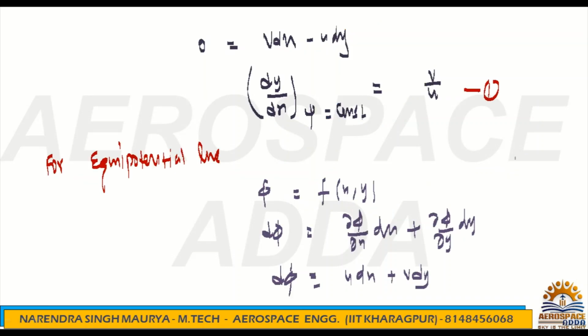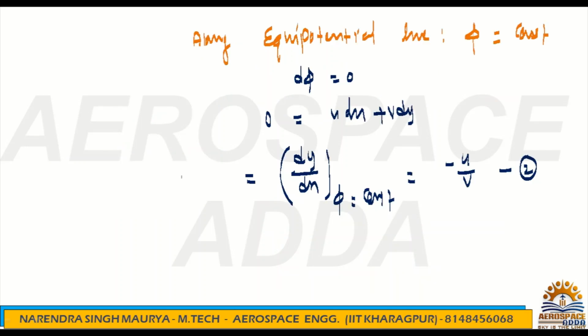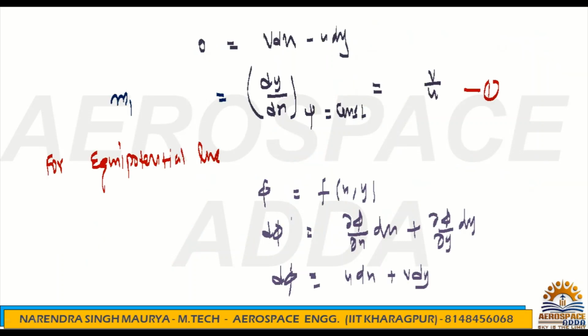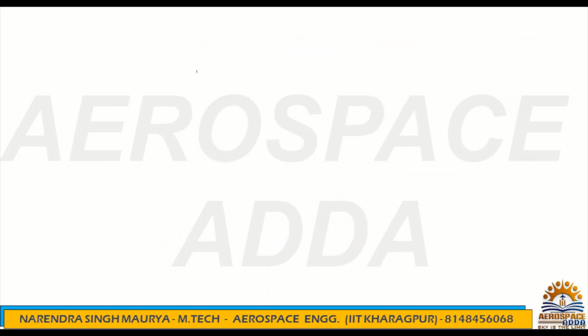Both equations you can see, this is the slope of the streamline, which is m1, and this is the slope of the equipotential line, which is m2. Now from equation 1 and 2, we can write m1 into m2. So see what we'll get. What is m1?